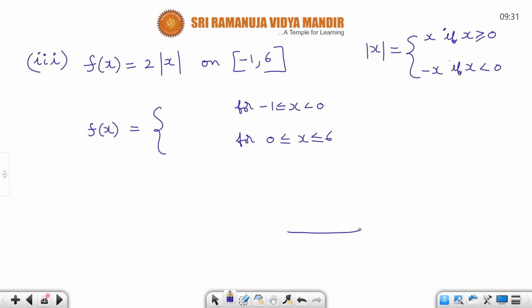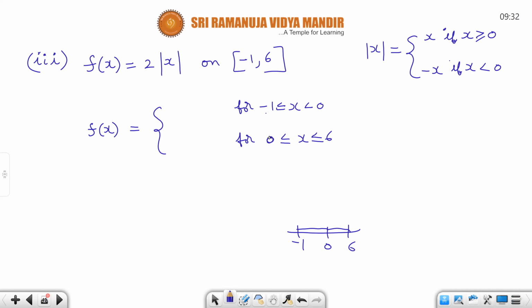So this interval -1 to 6, I have divided into 2 parts. -1 to 0, that is the negative part, and 0 to 6, that is the positive part, including 0, of course.